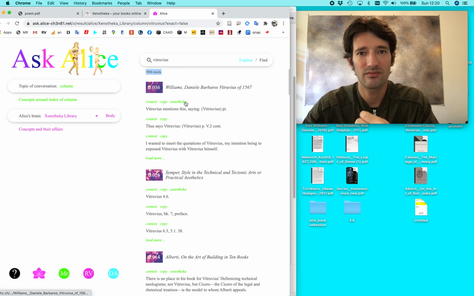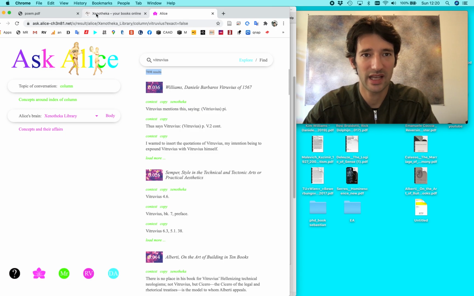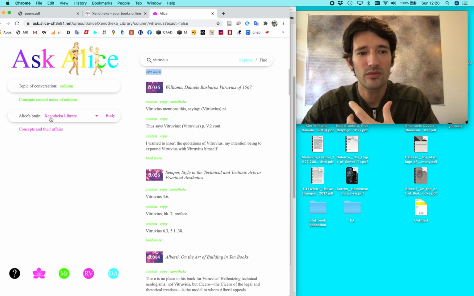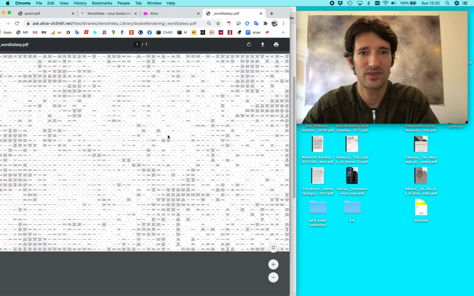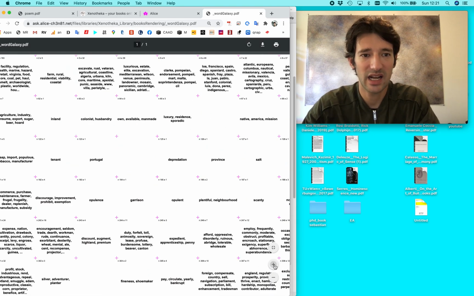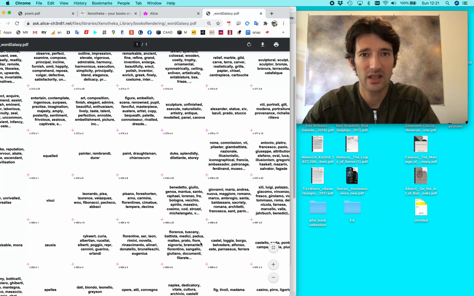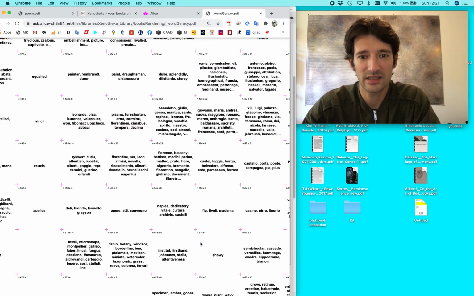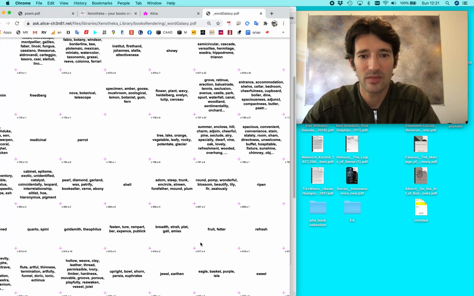So when I use machine intelligence with the Xenotech library, it forms a kind of galaxy of concepts, which is unique for this library. In this galaxy, concepts or indexes that like each other come together.